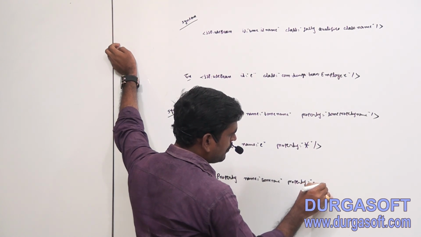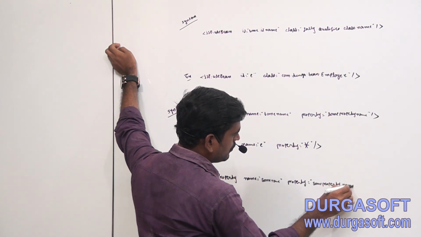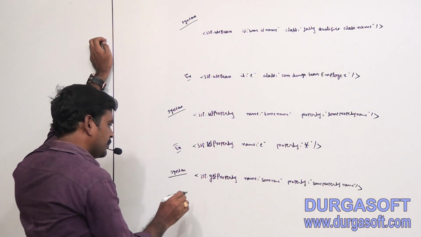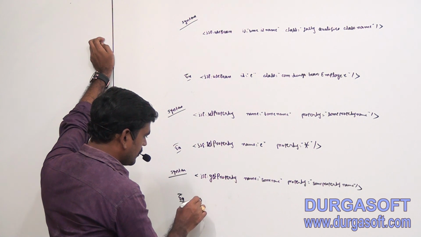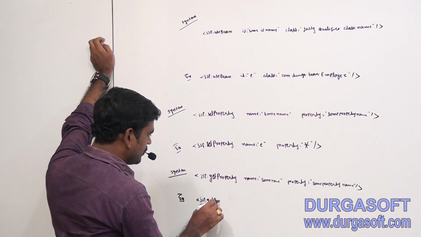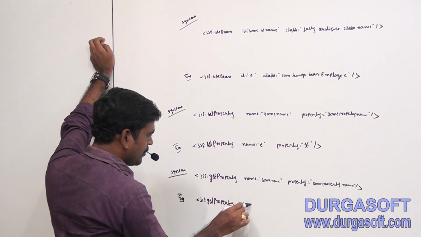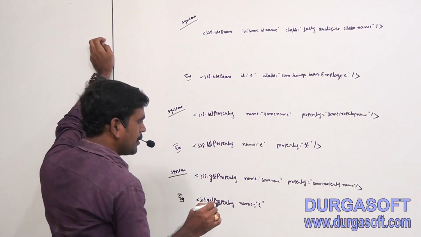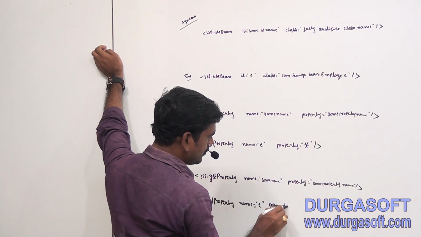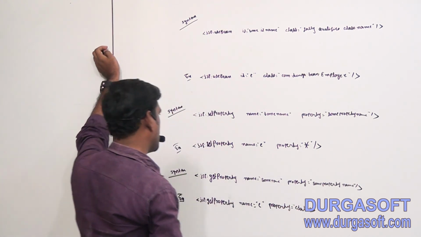Finally the example: jsp:getProperty name equal to e, then property equal to eSal. That's enough.